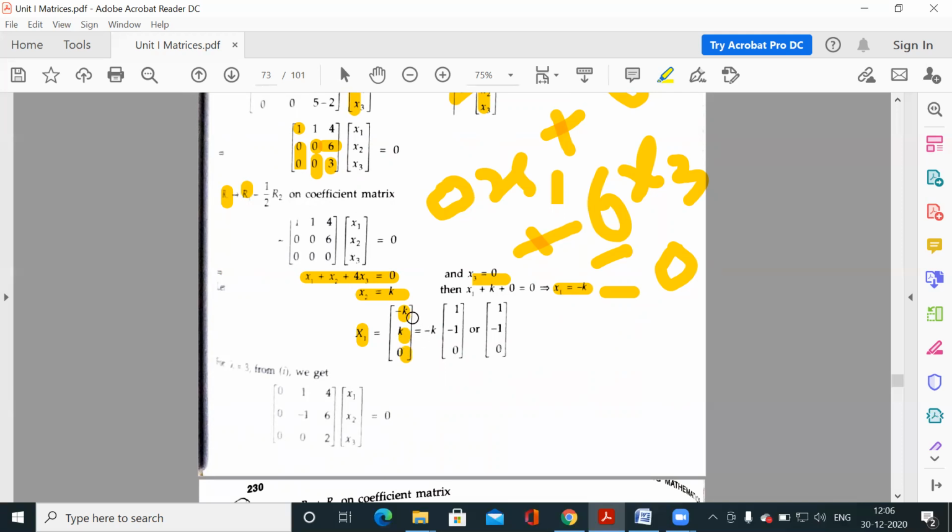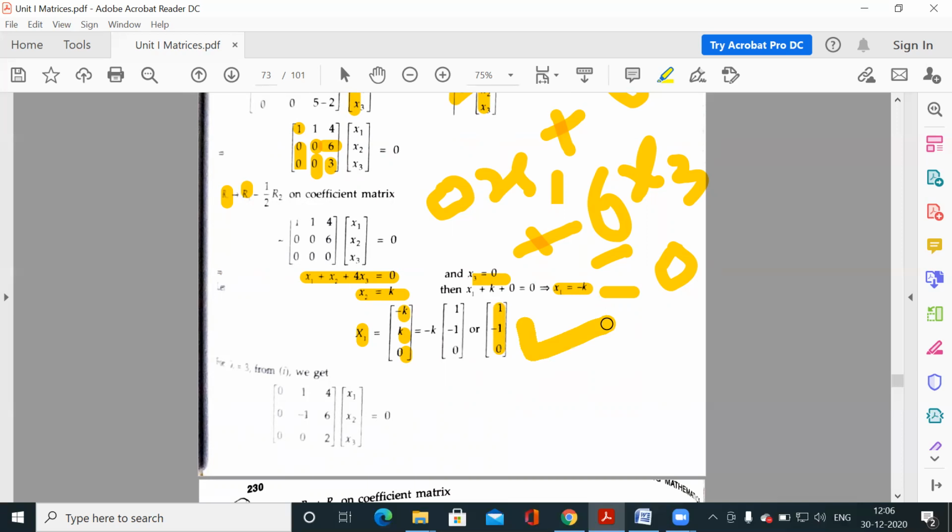So if you take k as 1, this would be minus 1, 1, 0. If you take k as minus 1, this would be 1, minus 1, 0. Similarly, if you take 2, minus 2, 2, 0. If you take k as 1 by 2, minus 1 by 2, 1 by 2, 0.